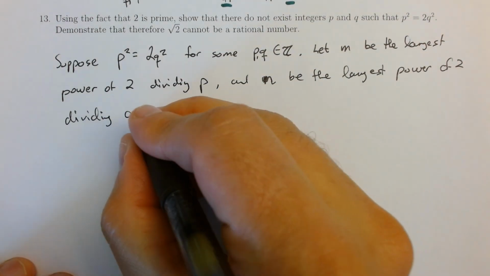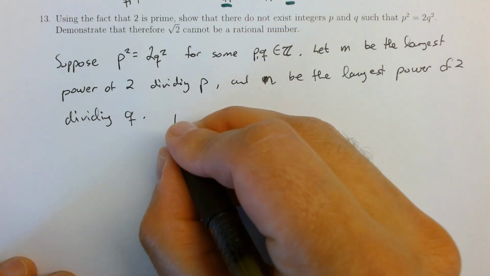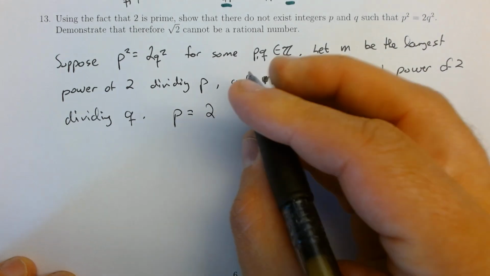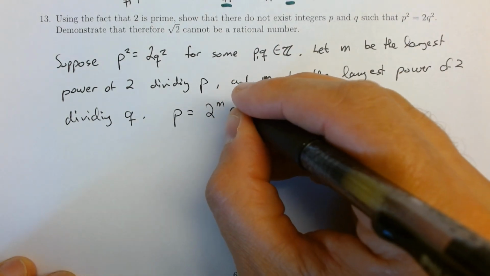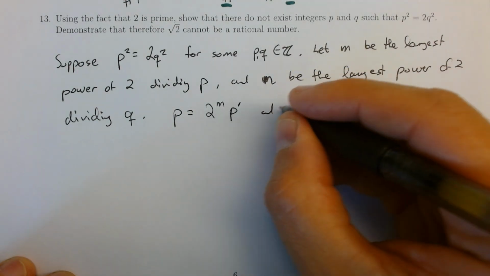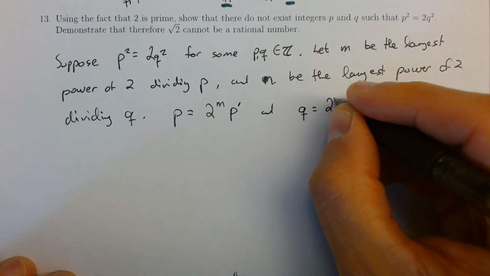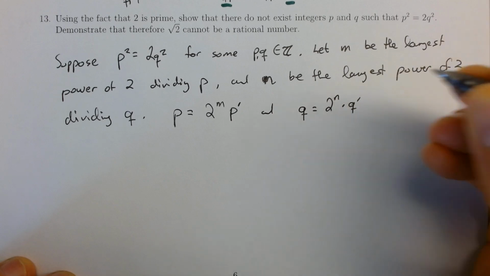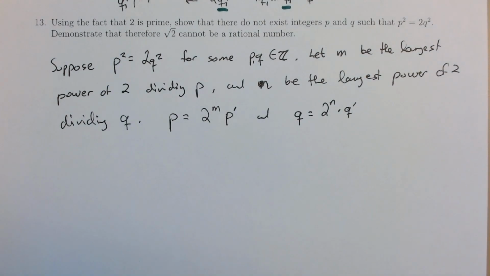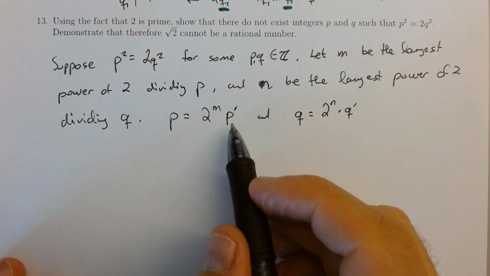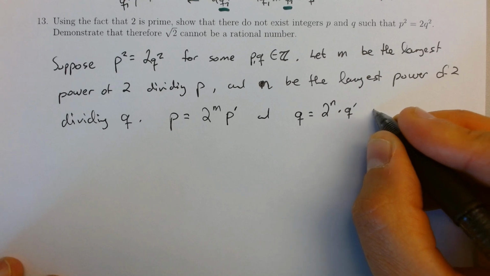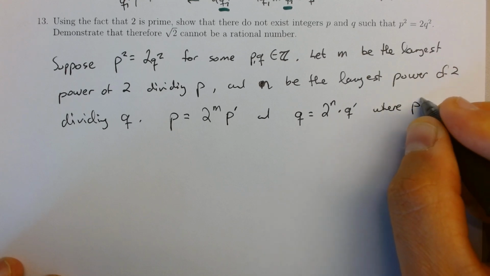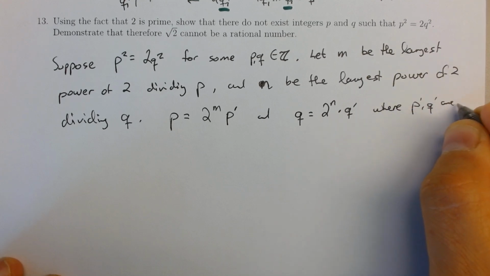So how does this help us? Well, now we know that p is 2 to the m times some, let's say, p prime, and q looks like 2 to the n times, say, some q prime, where the primes here, p prime and q prime, must be odd numbers, because if they're even, we could take another 2 out, where p prime and q prime are odd.